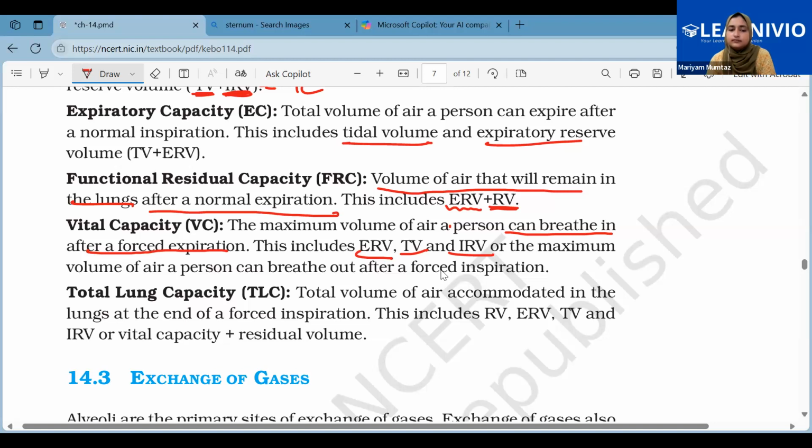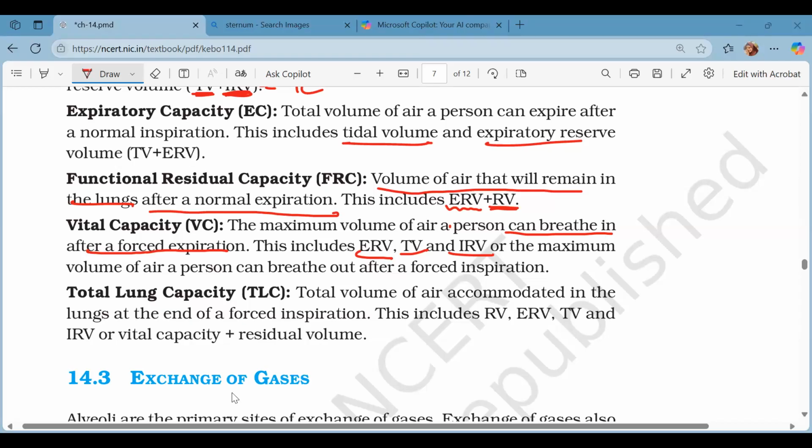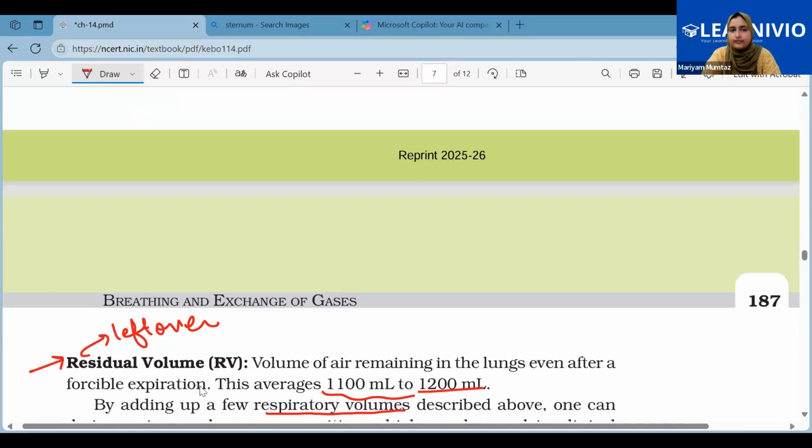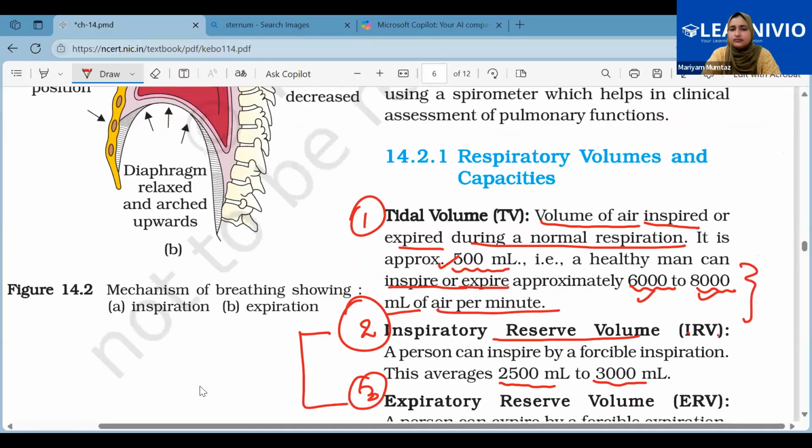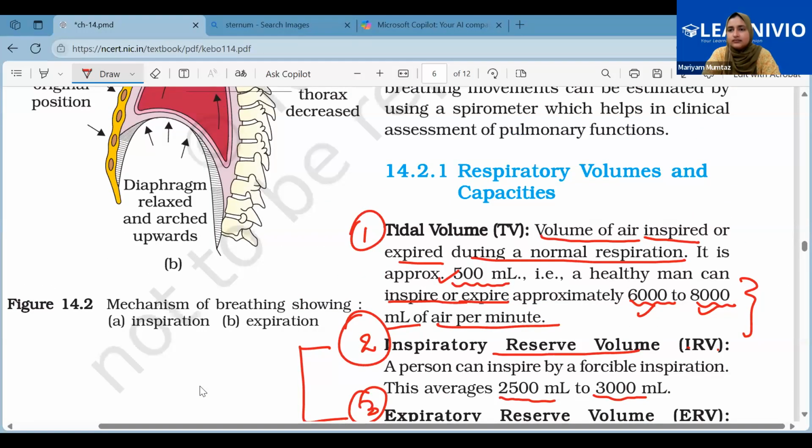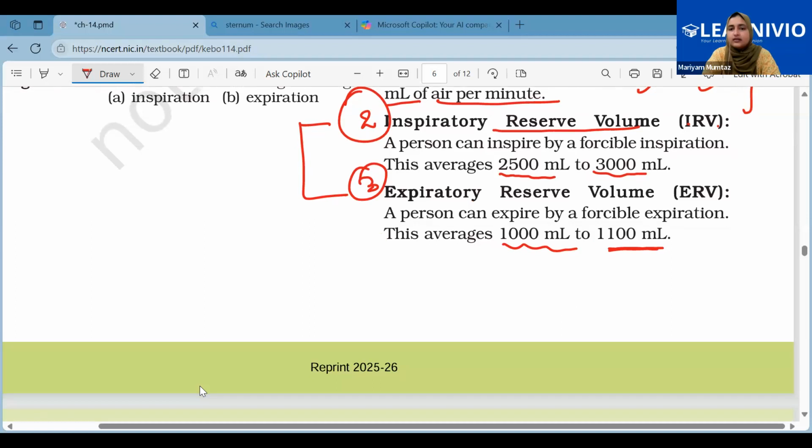What about the tidal volume? Tidal volume is going to stay there anyway. It is the volume of air that is always there. But then why does it have expiration? Won't it go away? Which thing goes away? Expiration. The ERV one.